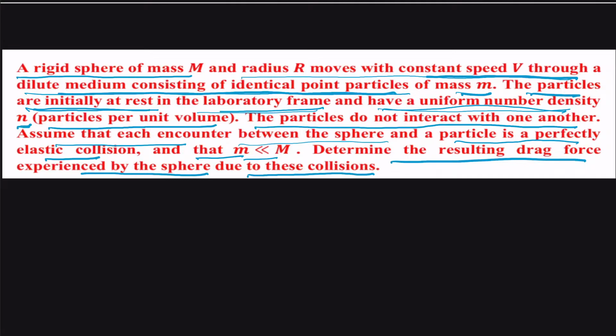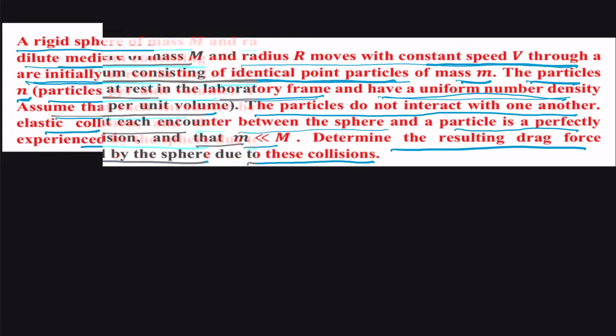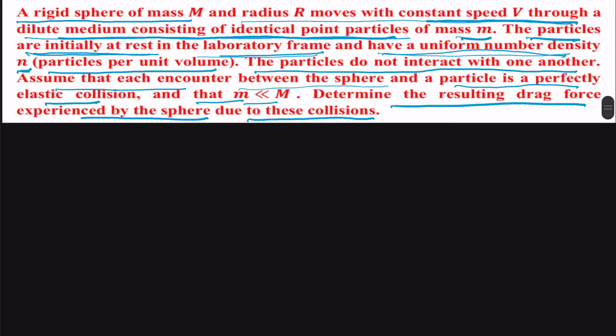First, how many particles hit the sphere per second, and second, how much momentum each particle gains. If we are able to solve these two things, we will be able to find the drag, because we are mainly interested in the momentum part. So first, let's find out how many particles hit the sphere per second.